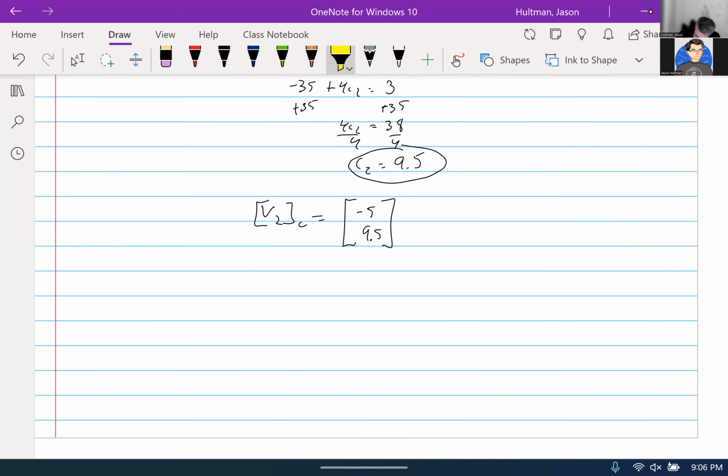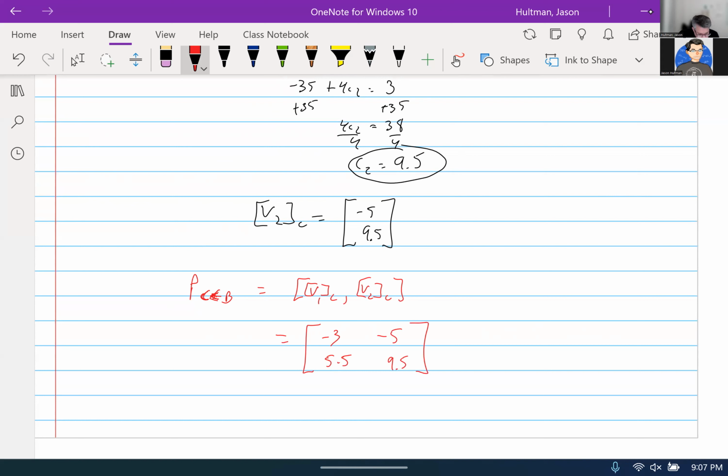So P as B goes to C is equal to V1 of C, comma, V2 of C, which is equal to -3, 5.5, -5, and 9.5.